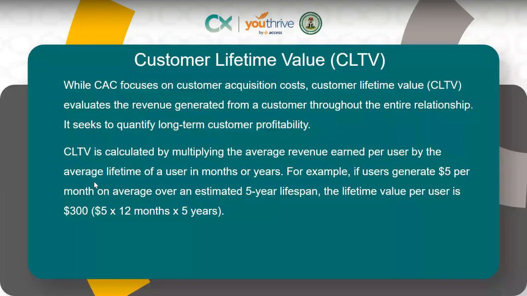You're able to calculate the CLTV for that user. So if users generate $5 per month on average over an estimated 5-year lifespan, the lifetime value per user is 300.